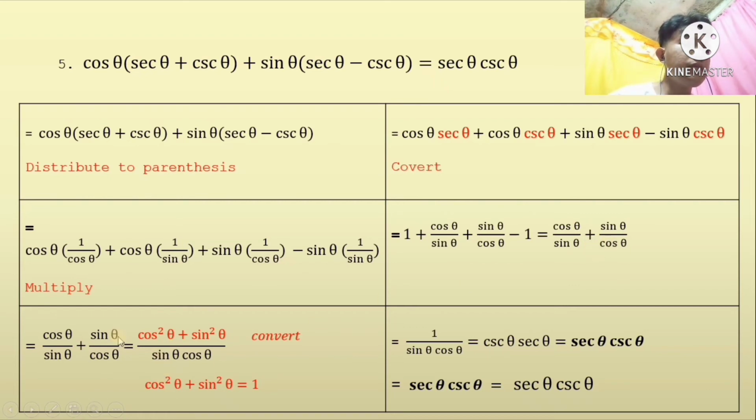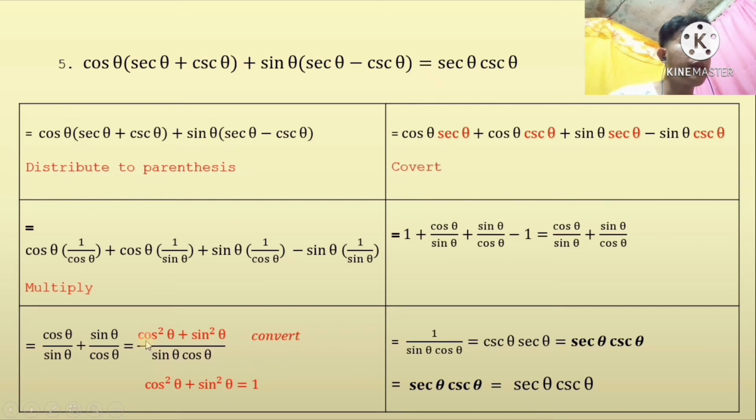So add the expression, cosine theta over sine theta plus sine theta over cosine theta. Adding will become cosine squared theta plus sine squared theta over sine theta times cosine theta.